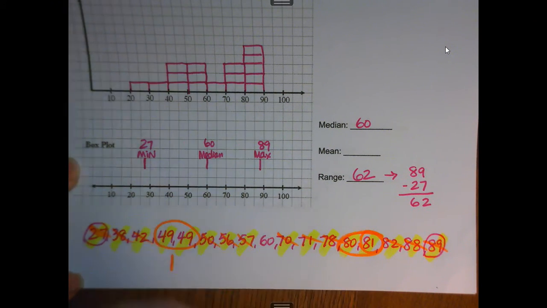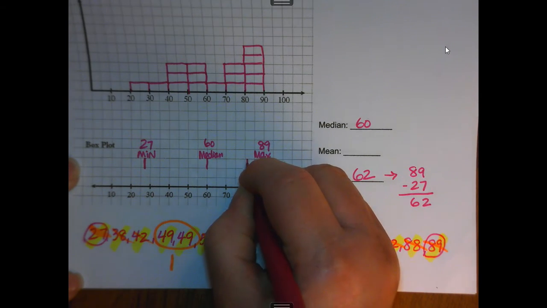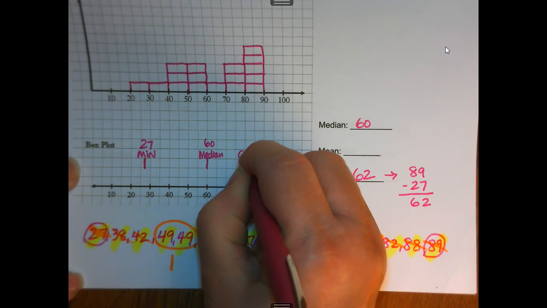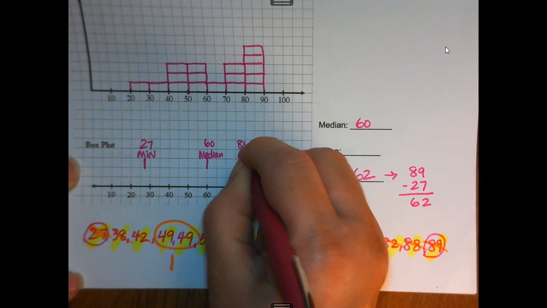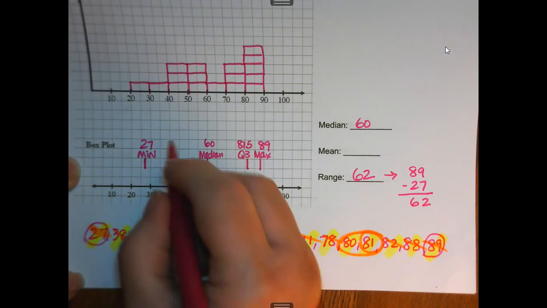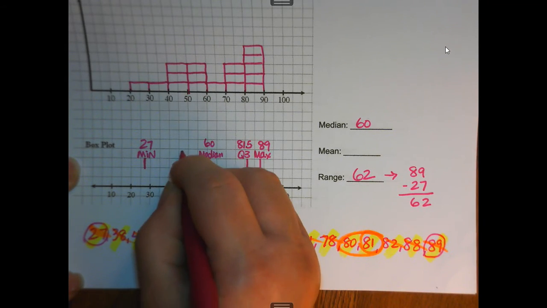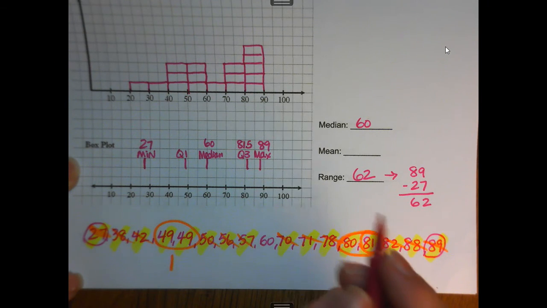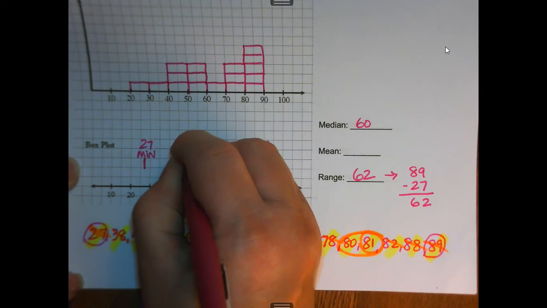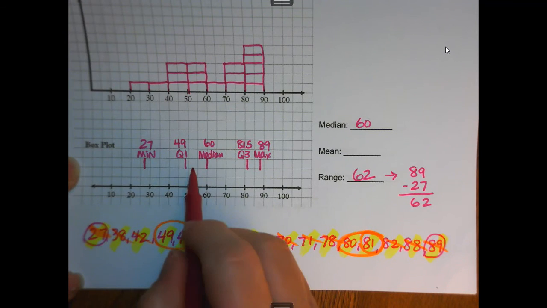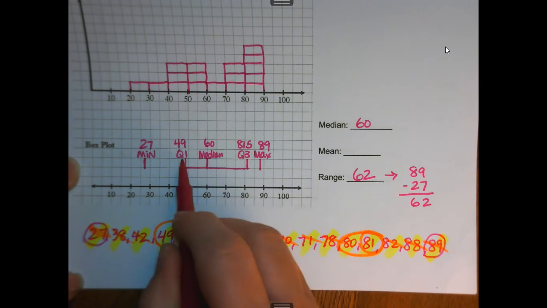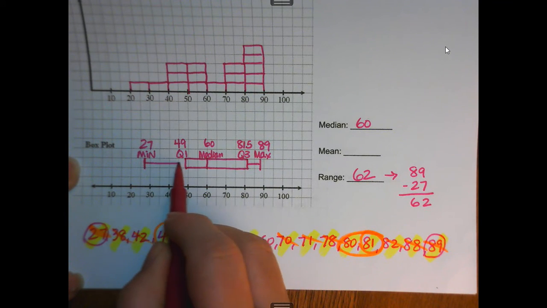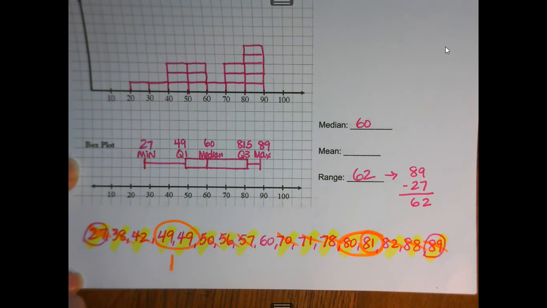That gives me 80 and a half. Put it right about there, and that's our Q3. And this one is Q1, quartile 1 or first quartile, and that is 49. And then if you remember, we connect the quartiles. We make our whiskers, and that's good to go for right now.